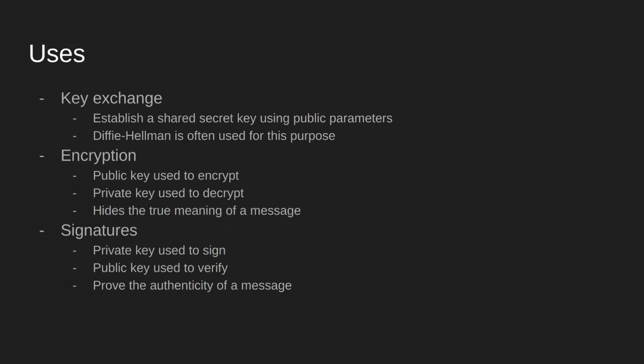Encryption is the garbling of a message to make it undecipherable to an outsider, to obscure the meaning of the message. And signatures are used to prove the authenticity of the message. So if you sign a message, then you can prove that you were the one that had a hand in signing the message.